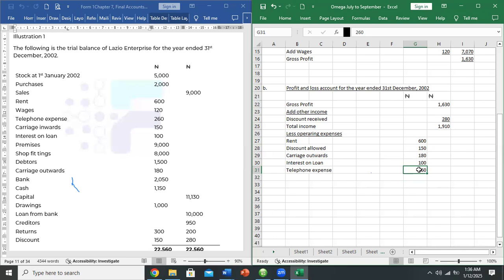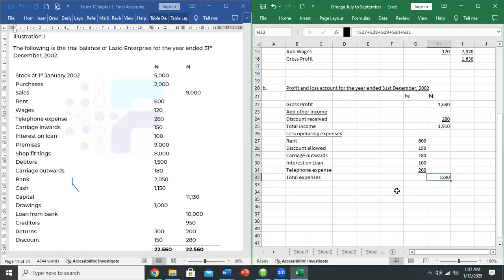So let's get the total expenses. So total expenses will be 600 plus 150 plus 180 plus 100 plus 260. So that'll give us 1,290.